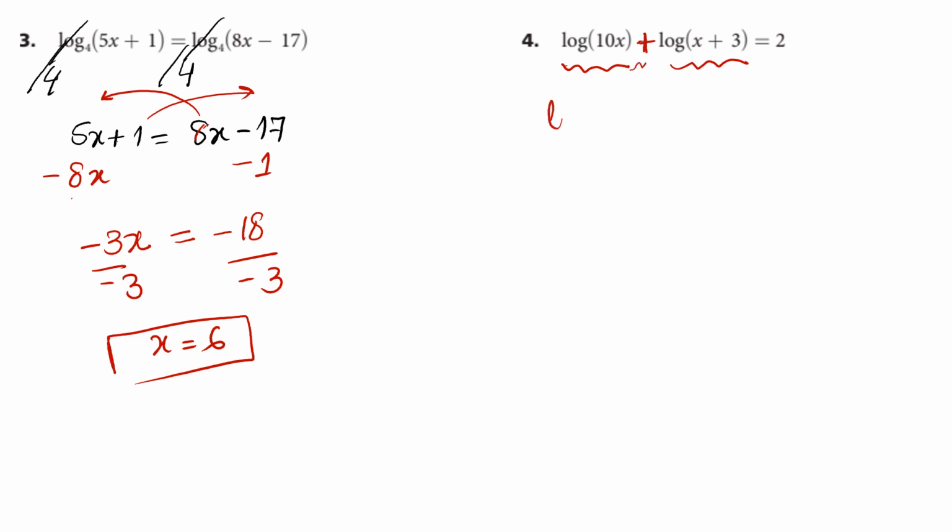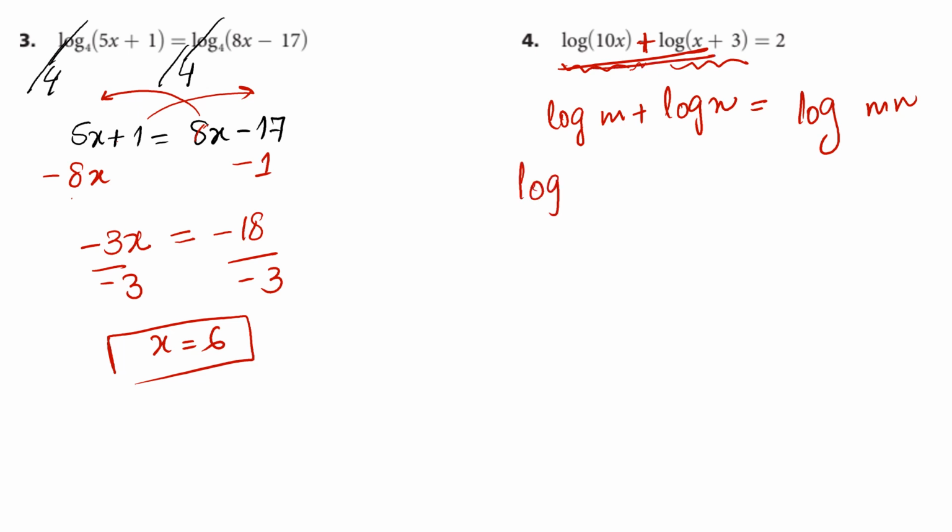So first of all, apply the property log m + log n. So you write the log one time and multiply m with n. What does it mean? In order to write this, write the log one time and then multiply this 10x by x + 3.